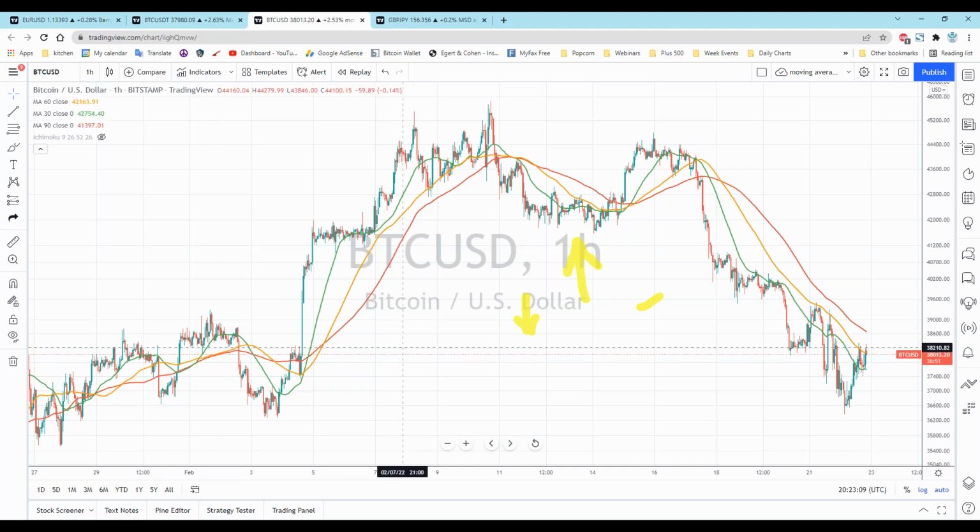Then we have multiple moving averages. We have moving average crossover strategies, moving average fan strategies. Okay. So all of these can be incorporated into your trading system. Now, when we're using two moving averages, we call that a moving average crossover system.